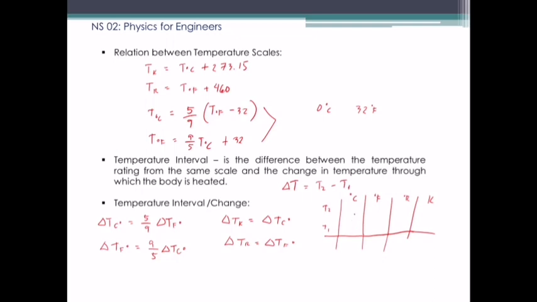So, say for example, the boiling point of water, we have 100 degrees Celsius.